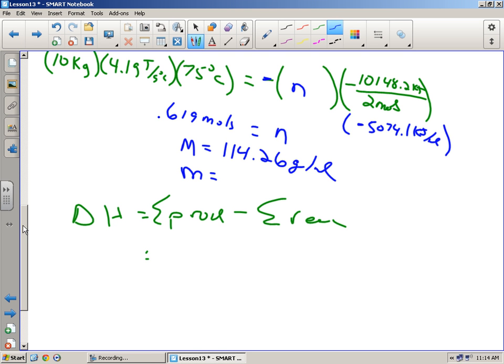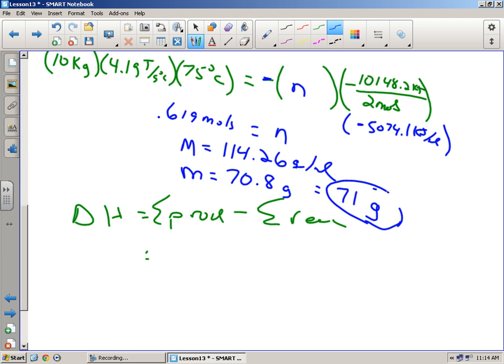So the mass I have to use here is times 0.619, which gives 70.8, rounded, 71 grams, sorry.